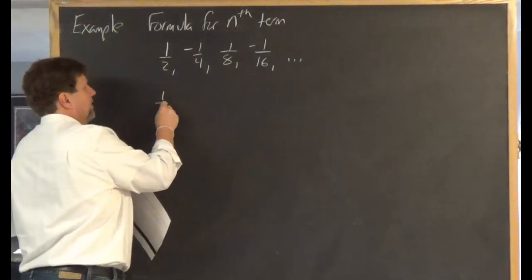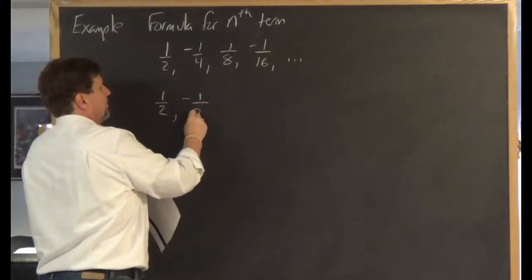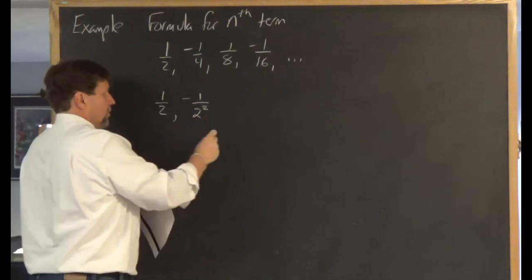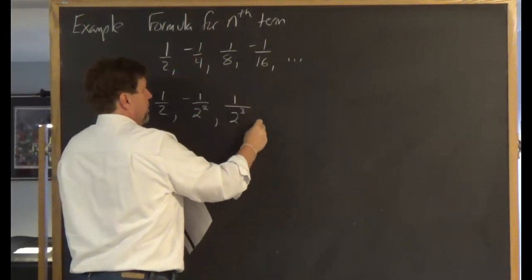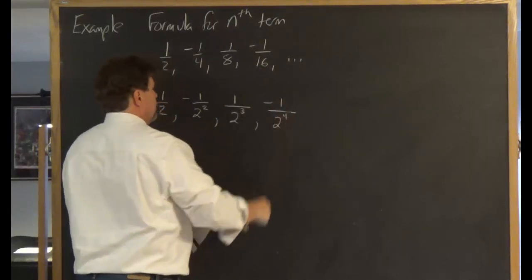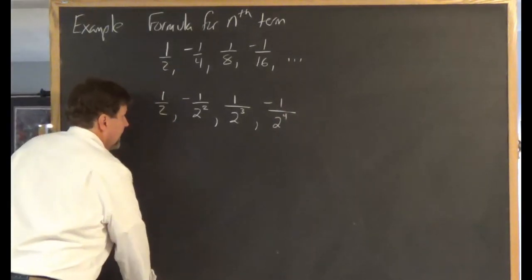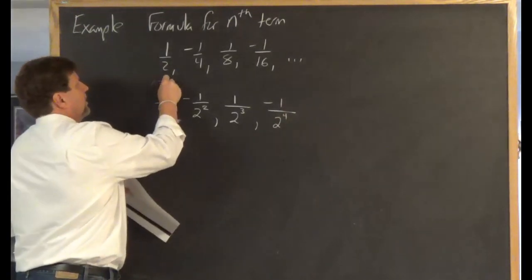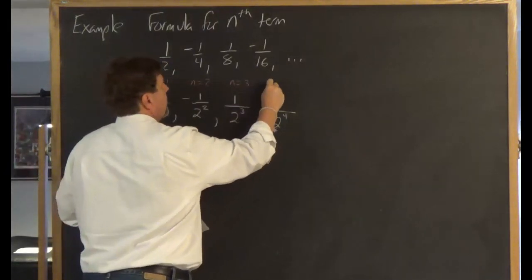Well, 1/2 is 1/2. This denominator here, I see that's 2 squared. 8 is 2 cubed. 16 is 2 to the 4th. And since we're talking about a function of positive integers, this is n is 1, this is n is 2, n is 3.